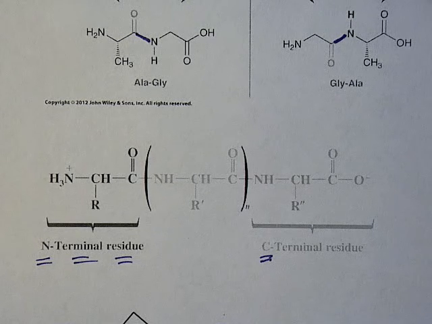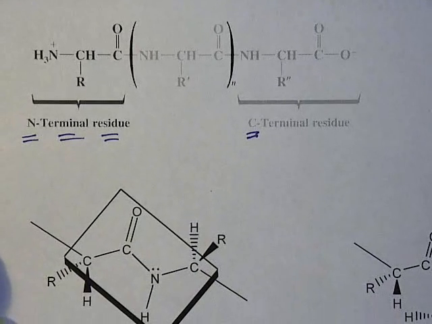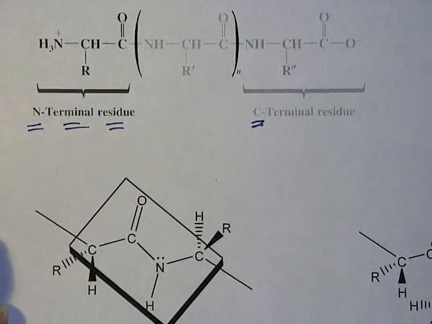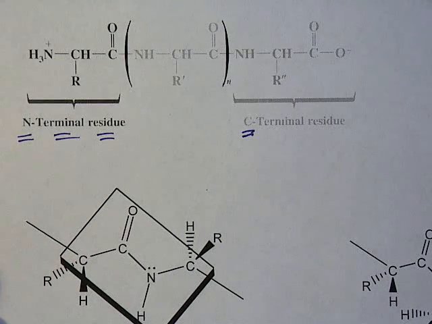All right. So now let's take a look at the amide bond that is responsible for linking these amino acids together. The amide bond will look like this, just like the amide bonds that we've seen before.